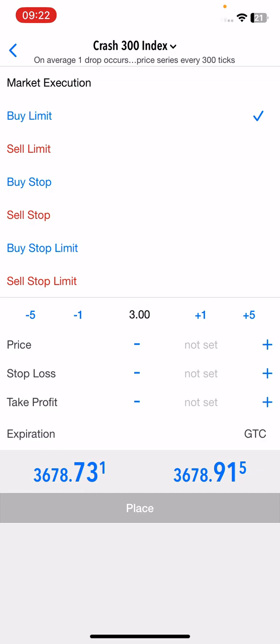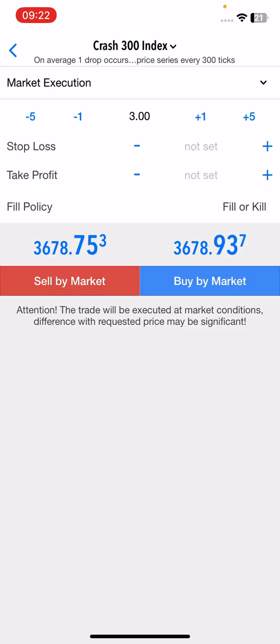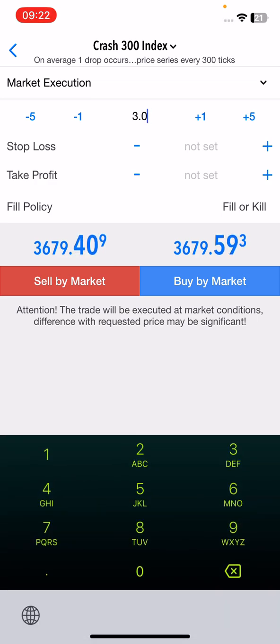It's supposed to be under market execution. You see market execution, stop loss, take profit, and so on. All these trade sizes are called lot size. The least lot size in the forex market is 0.01.